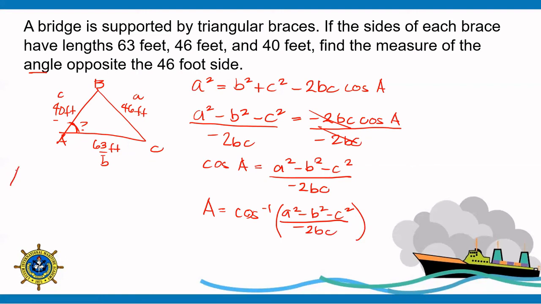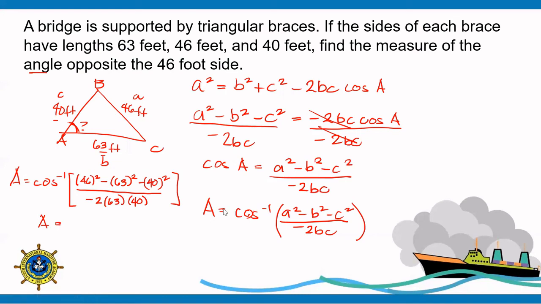Now, kung isa-substitute natin yan, this is inverse cosine of 46 squared minus 63 squared, that's our B, minus 40 squared, our C, divided by negative 2 times 63 times 40. Yan. Now, paano po natin to i-input sa calculator?